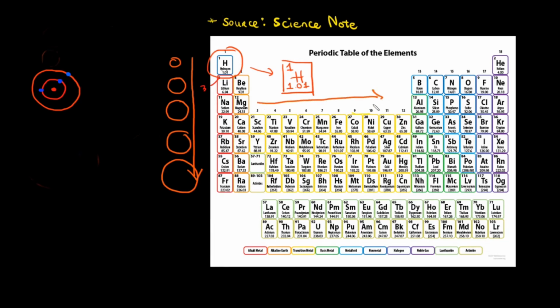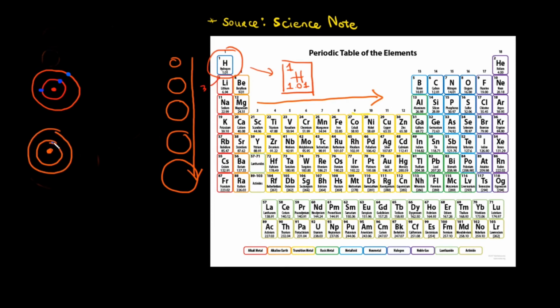We already know how the element grows in the vertical direction, but how about the horizontal direction? Let's say we have lithium, and I still keep the lithium atomic structure here. Let's say you go to carbon, which has the atomic number of 6. That means from lithium to carbon, you gain 3 more electrons. Let's draw the structure of carbon.